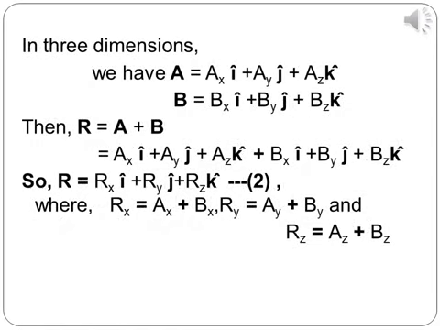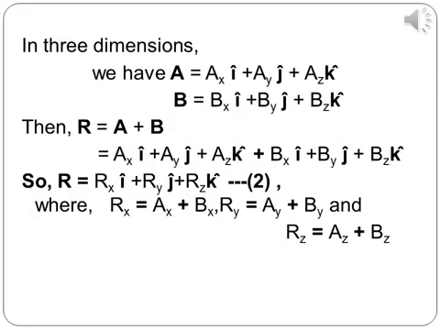In 3 dimensions, how many components should be there for each vector? There should be 3 components, x, y and z components. Then in 3 dimensions, we can write vector A as vector A is equal to Ax i cap plus Ay j cap plus Az k cap, and vector B can be written as vector B is equal to Bx i cap plus By j cap plus Bz k cap.